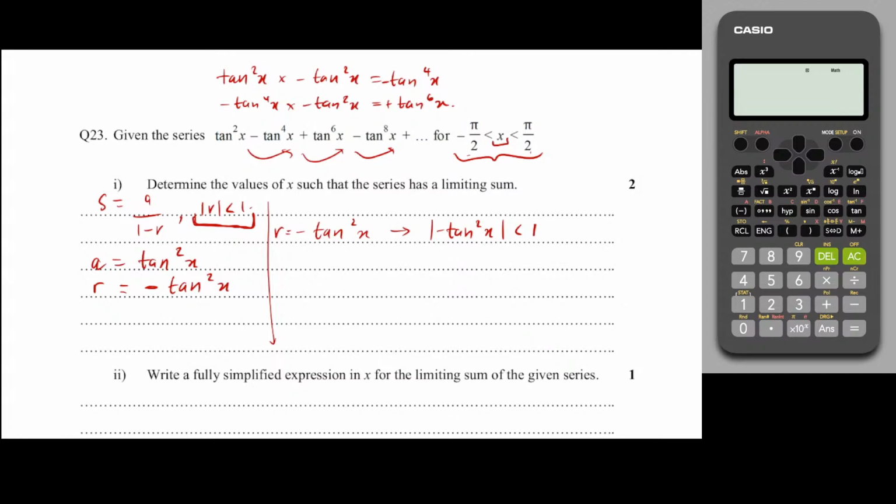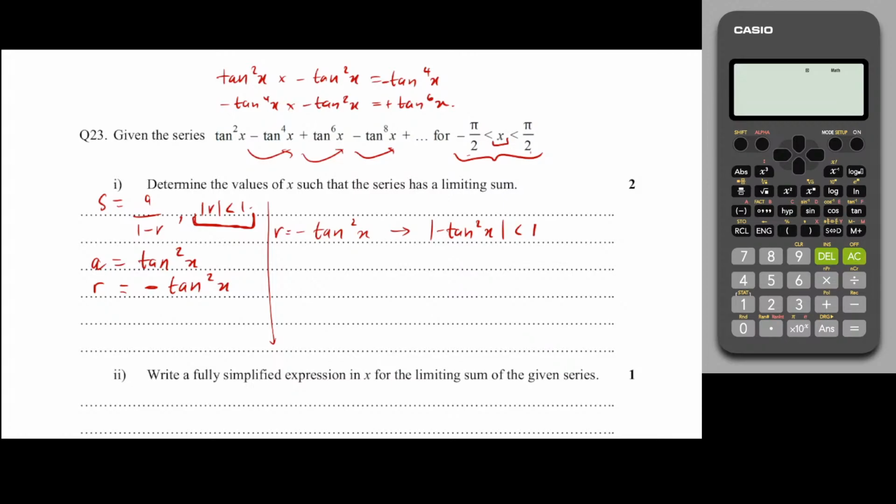We know that if x was between negative pi on 2 and pi on 2, then when we solve it for tan squared x, we would get that. Now let me just think about this for a sec. I believe it's negative pi on 4 and pi on 4. So the absolute value of this is less than 1.